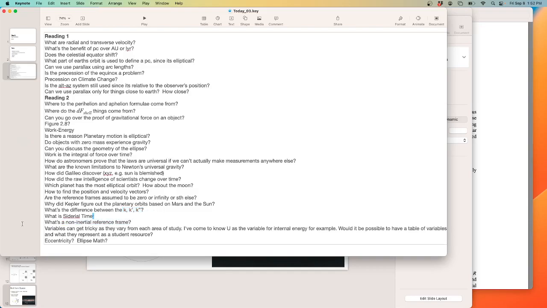What is sidereal time? I did not talk about sidereal time, and I need to, but I rarely think about it. In the period of one day, the Earth rotates through a number of degrees. From midnight today to midnight tomorrow, how many degrees does the Earth rotate through? Slightly more than 360. 361.